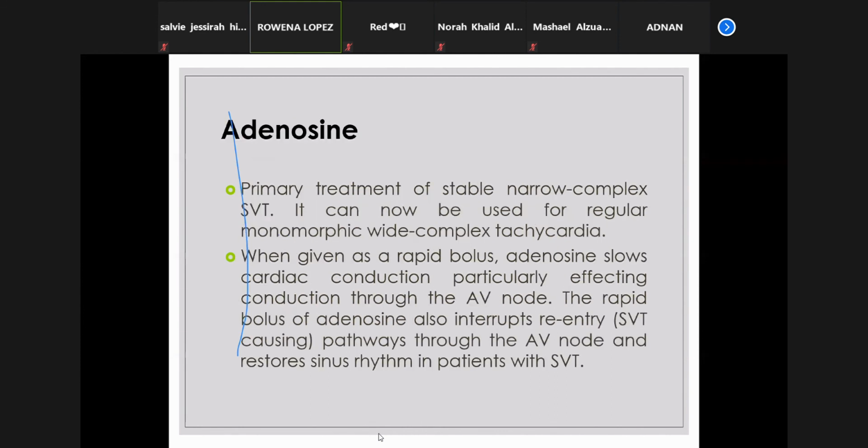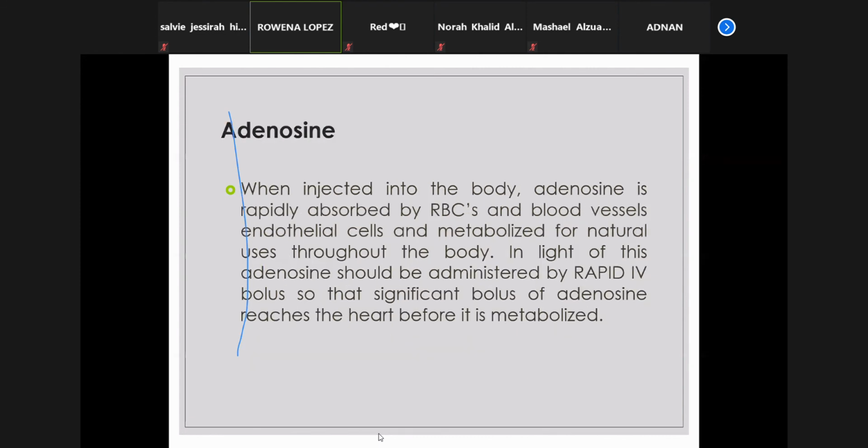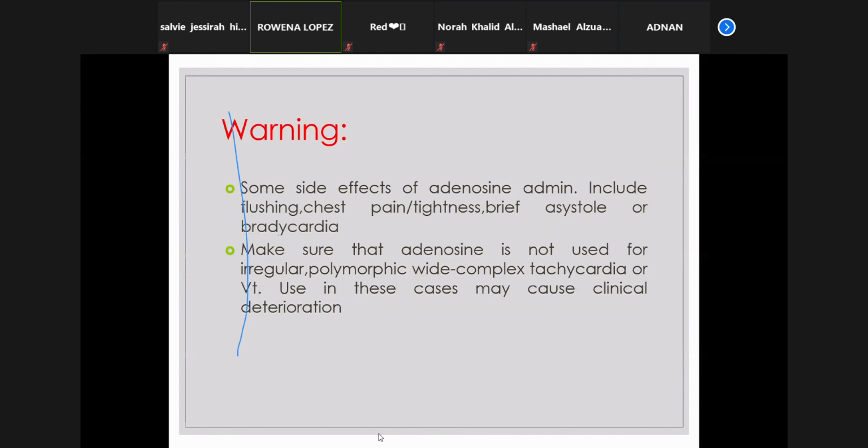So we also have adenosine. Adenosine, as we have discussed before, is for primary treatment of SVT. We need to have an ECG before, ECG during, and ECG after. So monitoring is very important, and it should be given rapidly because the half-life of adenosine is only 6 seconds.